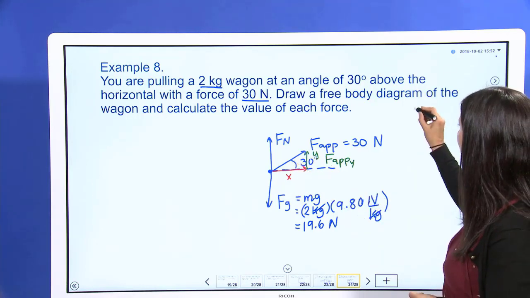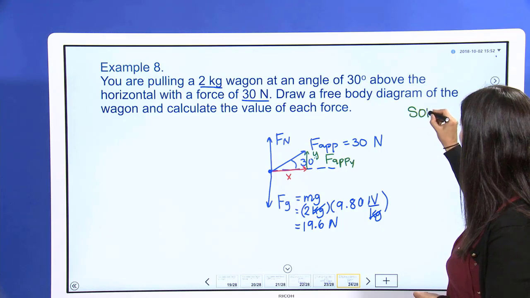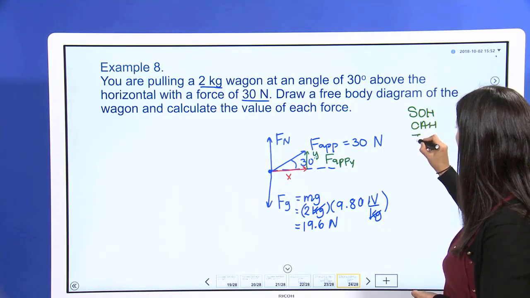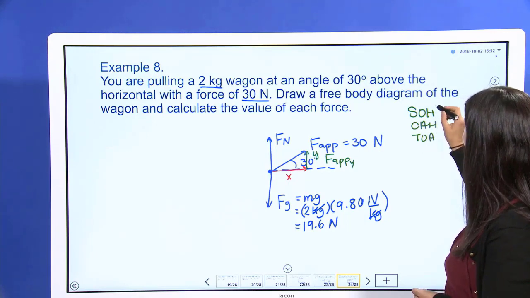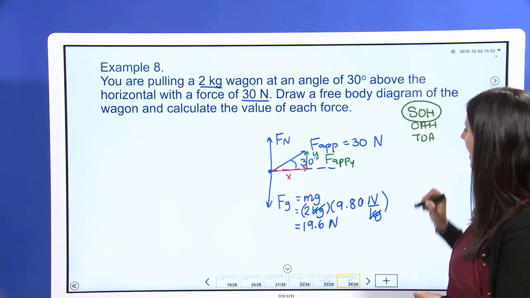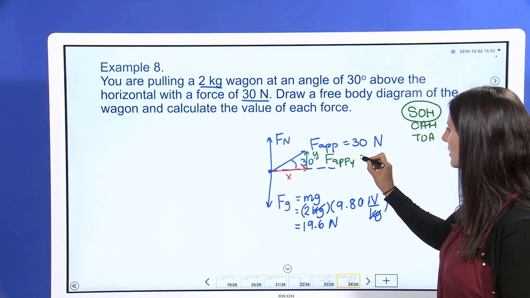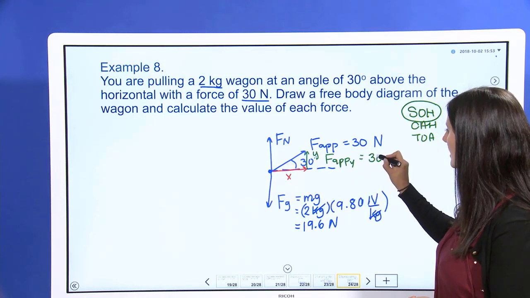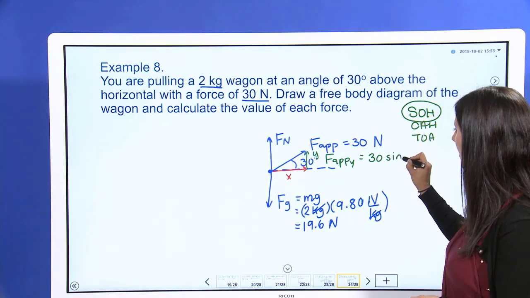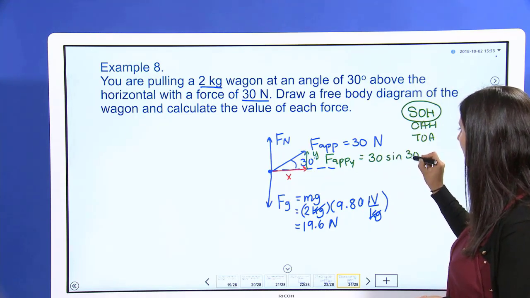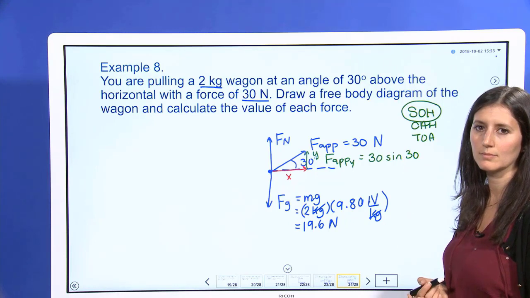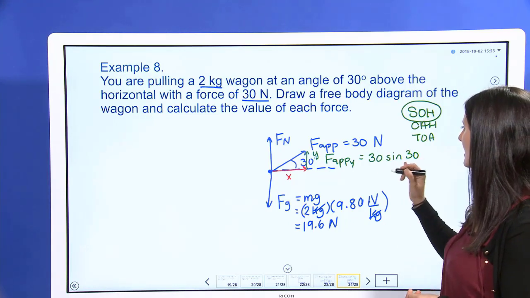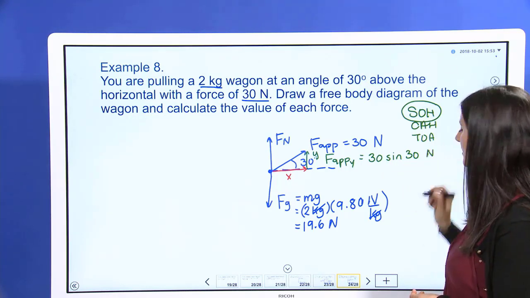So if I'm looking at SOHCAHTOA, opposite side means I'm going to be using sine. So it would equal the hypotenuse, 30, sine of my angle, 30. Okay, so that's what this F applied y is equal to, 30 sine 30 in newtons.